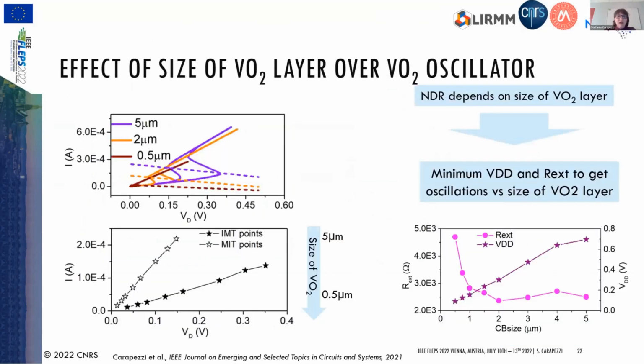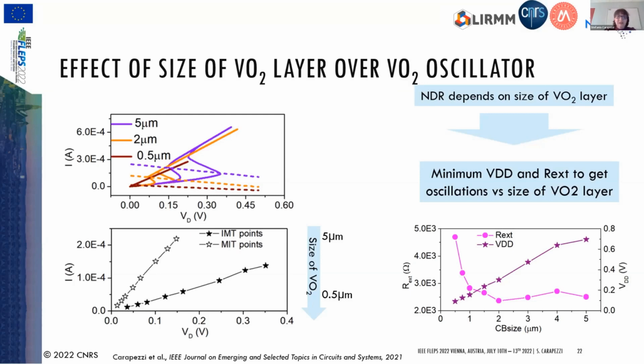So here are some results that I've got by the approach that I have just illustrated. In this case, I have investigated the size of the vanadium dioxide, keeping the same contact width. Because I told you before that the current is flowing in the central region of the device, you can think that this is the active area, but the size of the vanadium dioxide has an impact, especially a thermal impact.